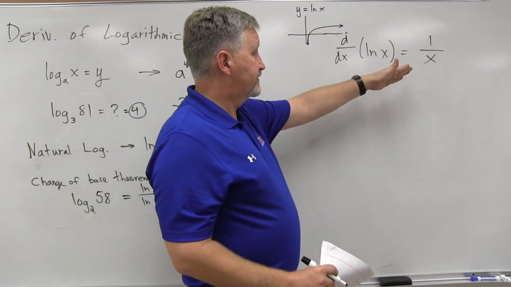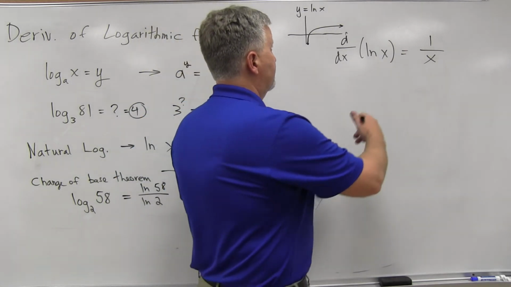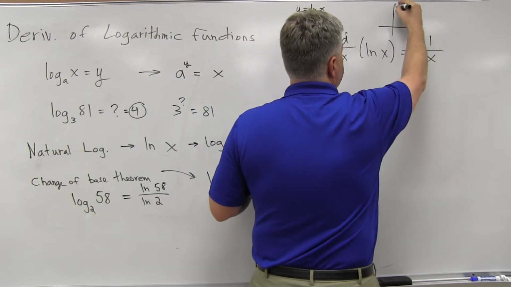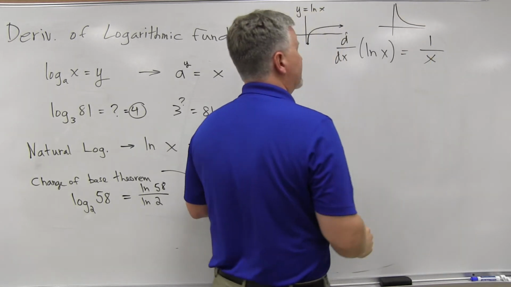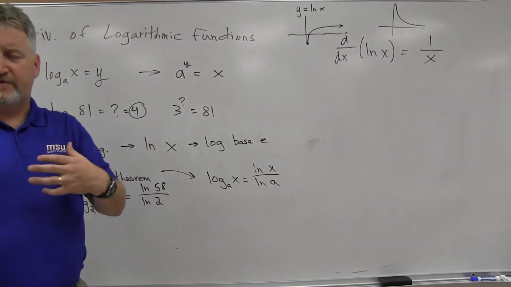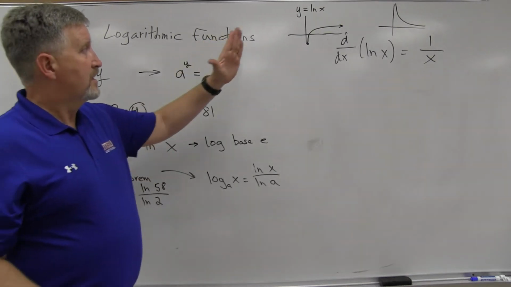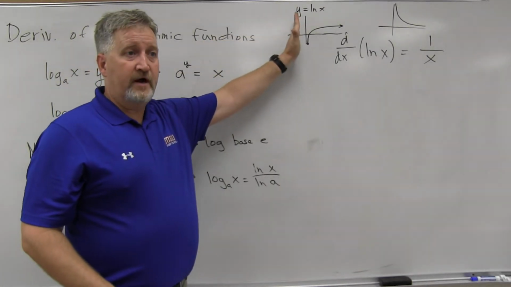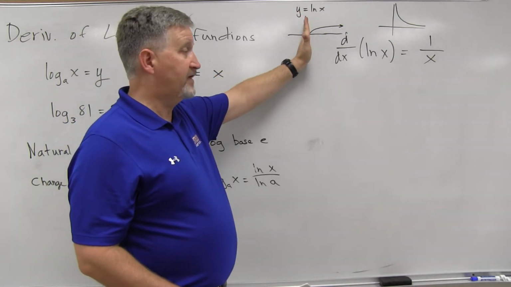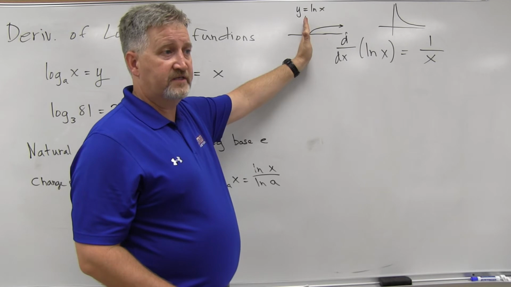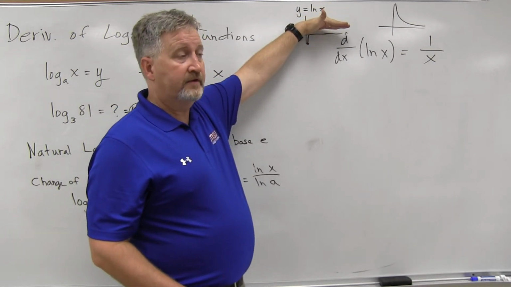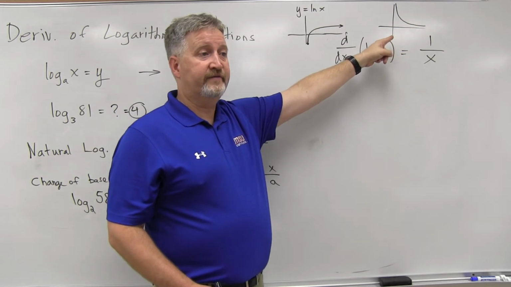1 over x, the x could be positive or negative, but if you look at the right-hand side of 1 over x, you can kind of see, if we think back through some derivative stuff we talked about on the graph, the derivative is the slopes, right? What happened to the slopes here? Well, the slopes are very steep, a large positive here, and then what? They progress and get less steep. Isn't that what 1 over x does?